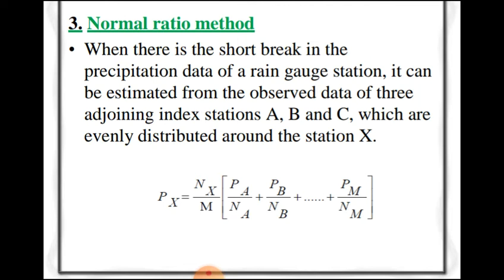If there is a break somewhere, for example in 1980, it tells us that the data is not consistent.